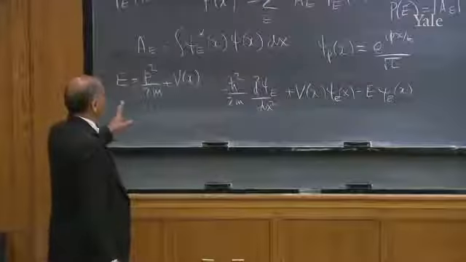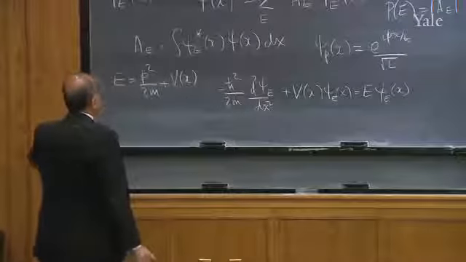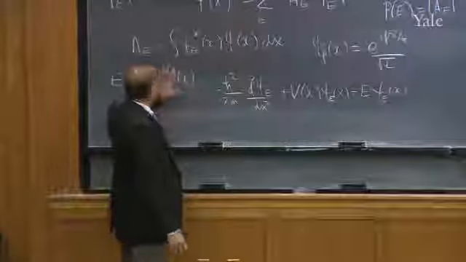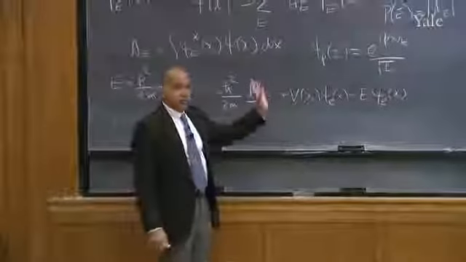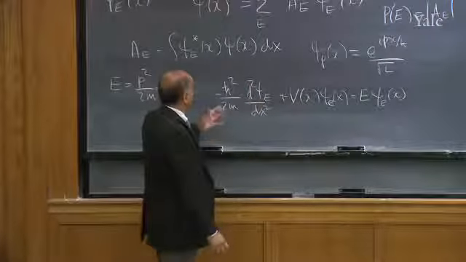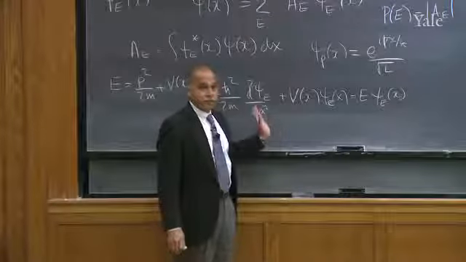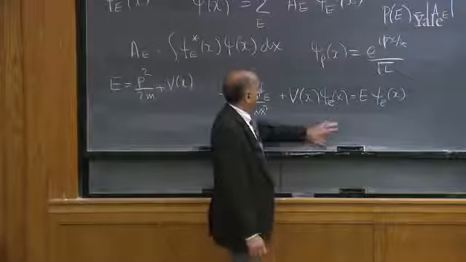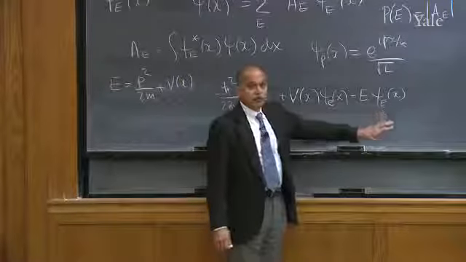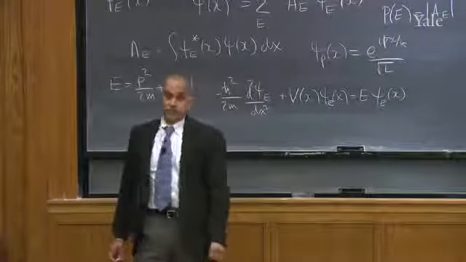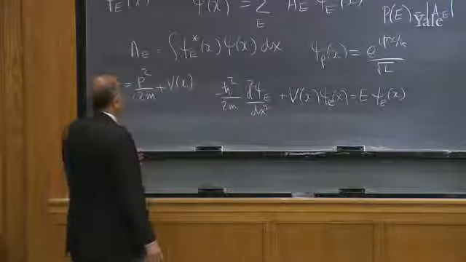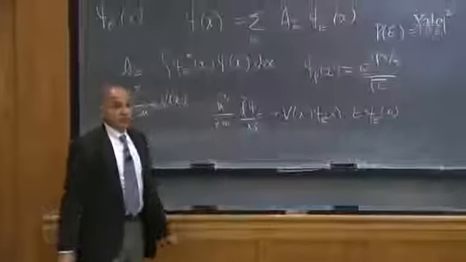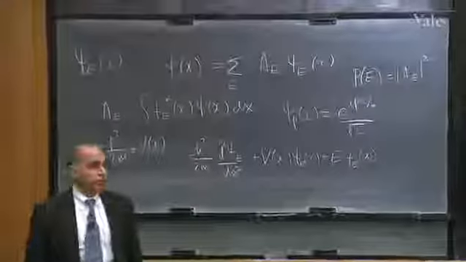So let's not worry about how you solve it. That's a problem in mathematics. But the point is that given a potential V, you come to this equation, and you go to the math department and say, give me all the solutions of this equation. And they'll give you all the solutions of the equation. They will find, in fact, only for certain special values of E does the equation have acceptable solutions. And for each one, they'll give you the solution, and you start with that solution and do all of this. You follow that? That's the program.